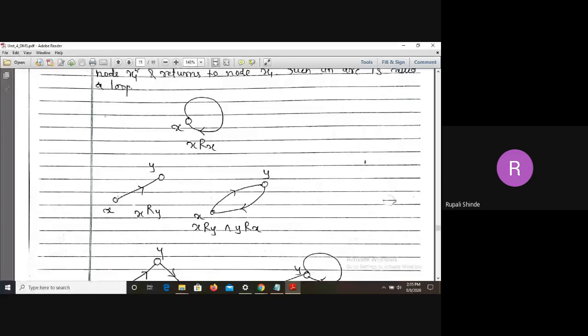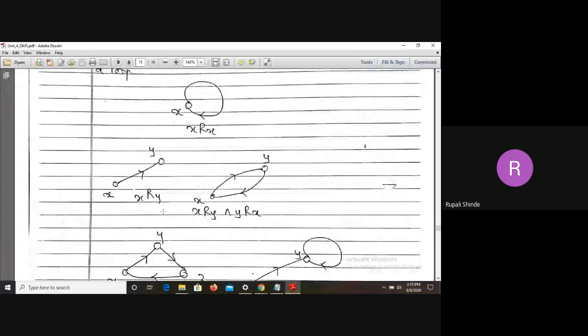Now in this graph, x is in relation R with y and y is in relation R with x, because there is an R from x to y and y to x.